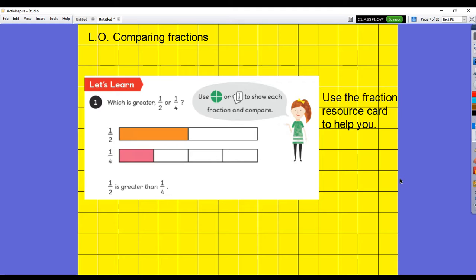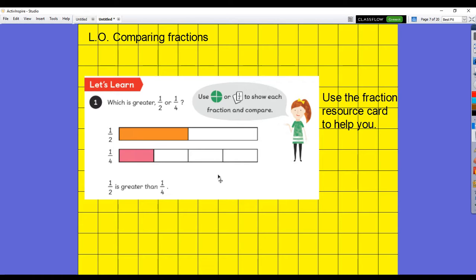Okay, this is where you're going to use the fraction resource cards to help you because you can see it. I know we can see it here in our bar chart, but it's also really important for you to see it in another way. So here we can see 1/2 is greater than 1/4.